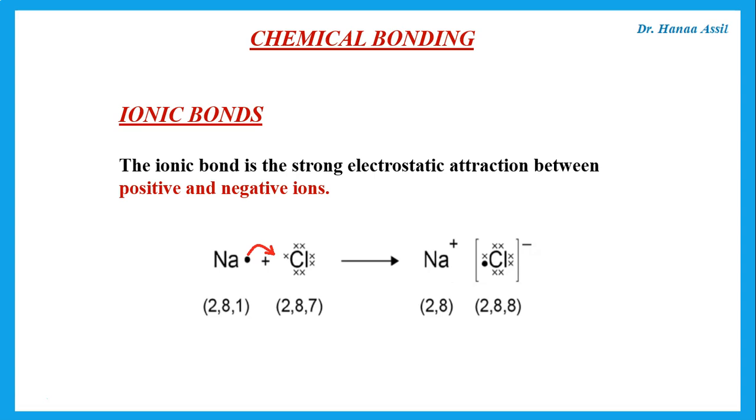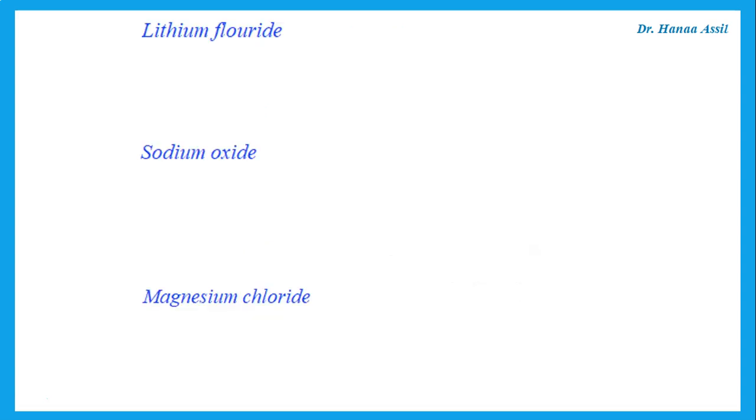Ionic bonds are formed when a metal loses electrons and becomes positive, and a non-metal gains electrons and becomes negative. So the strong electrostatic attraction force between the positive and negative ions, or the oppositely charged ions, is what we call an ionic bond.